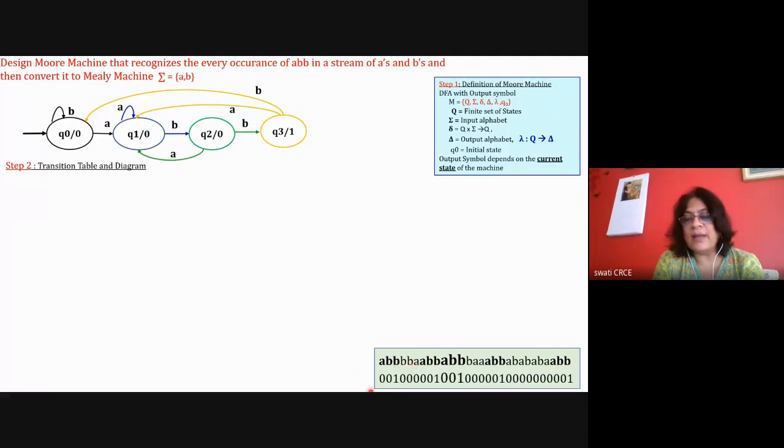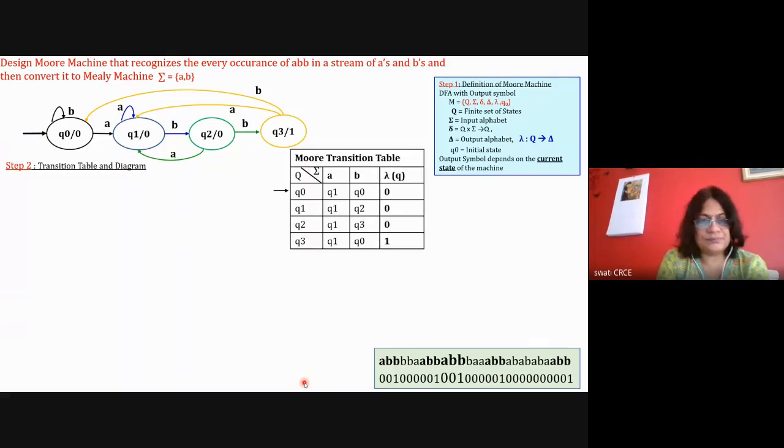This you have solved by hand through your logic, and you check, verify your answer. With A, B, B, output generated is 0, 0, 1, and then B, B, A. So here it is 0 for B, 0 for B, 0 for A. Like this you have to verify the answer.